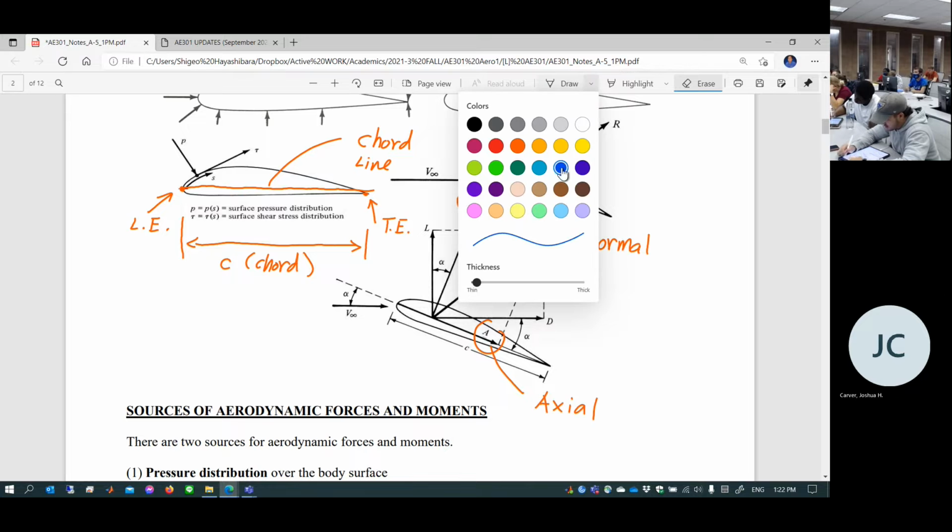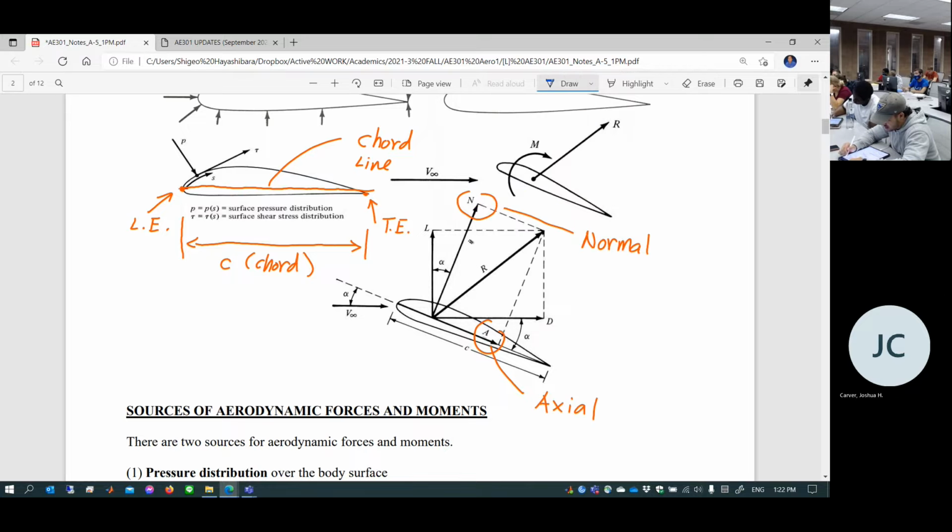And here's also more common sense in terms of aerodynamics. Oftentimes, if you're doing aerodynamics, you're going to resolve this into two directions relative to the incoming free stream. You can resolve this resultant force into the direction parallel to and perpendicular to this incoming free stream.